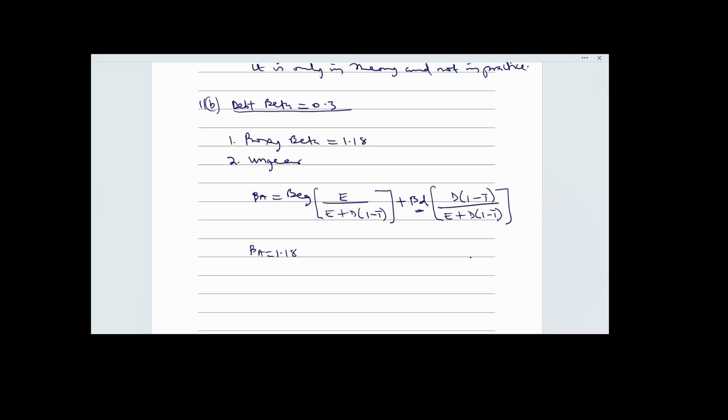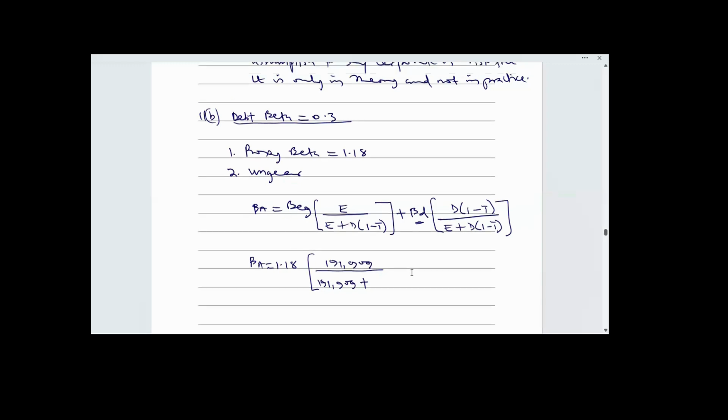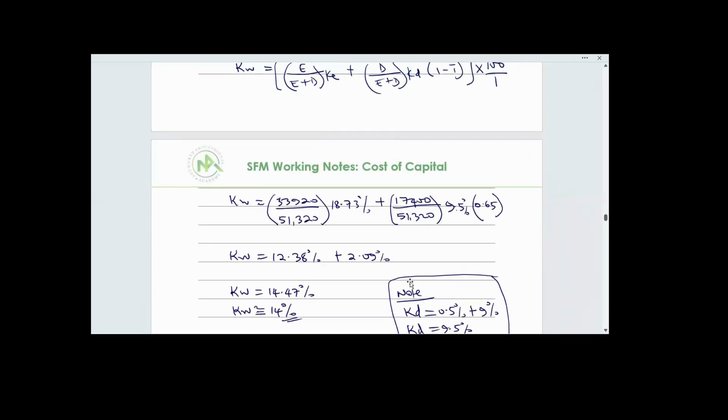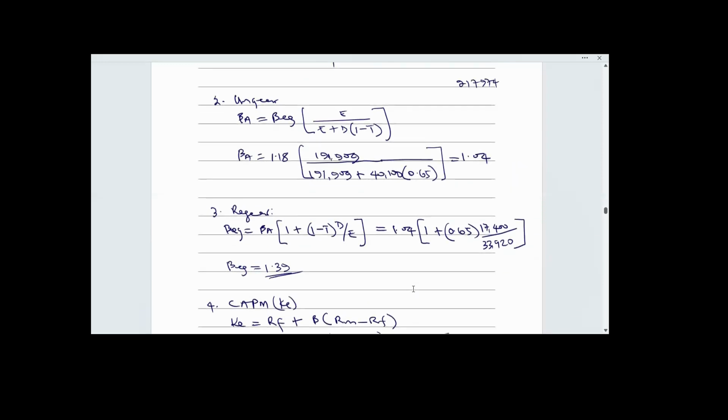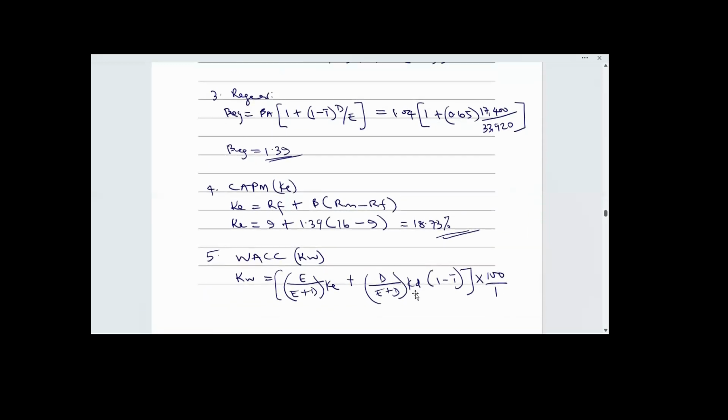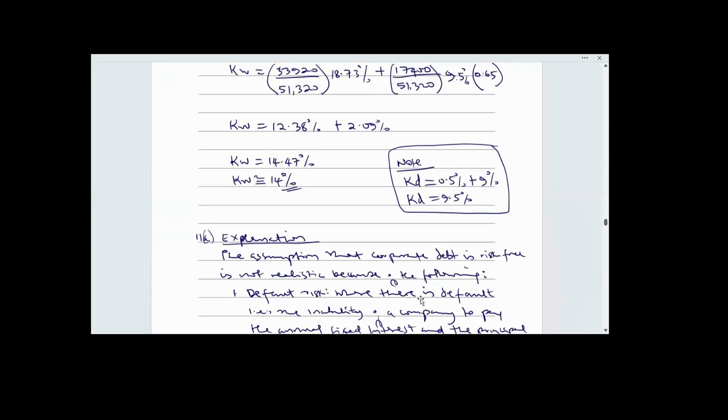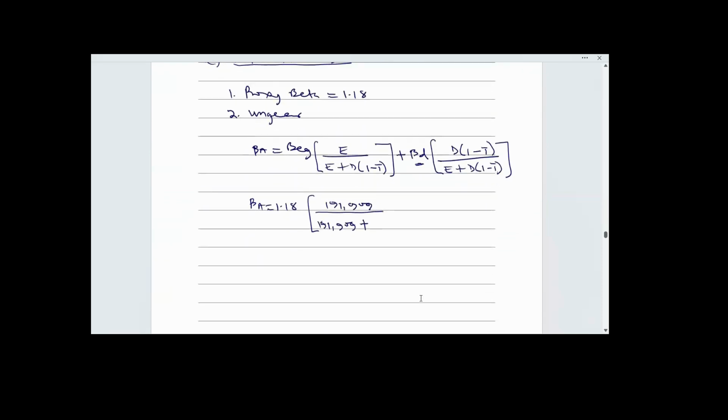So I would then say beta assets equal 1.18 multiplied by the equity value of the proxy company, 191,909, over 191,909 plus the debt value of the proxy company, 4,100.